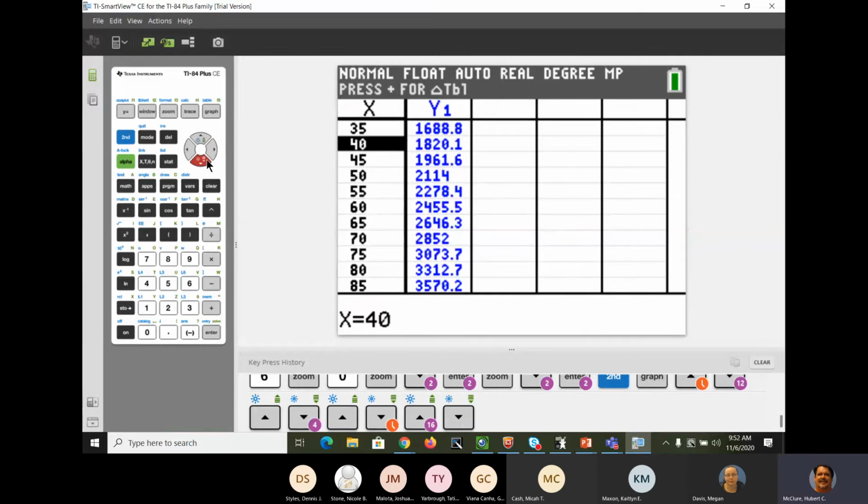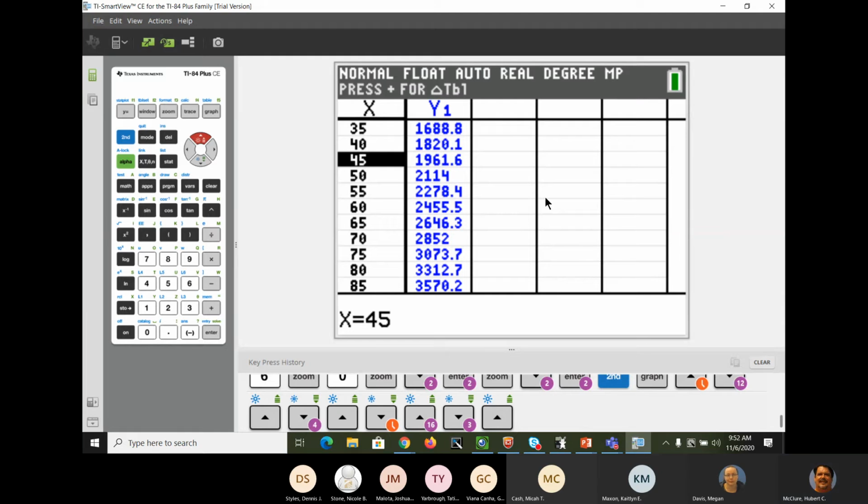Well, what's closer, 1961 or 2114? I believe 1961 is closer. You would have to leave that money in there for 45 to 50 years to get it to double. So that's a good question to ask on a test. I like that question.